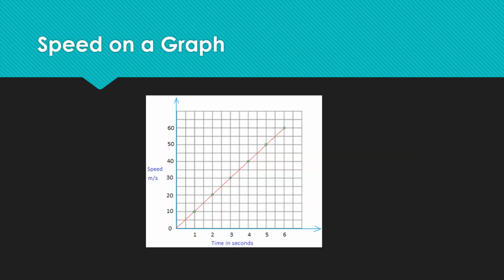One thing to look at here is we have some speed graphs and we have some time. So we're going to be doing some work where you see speed on the y-axis. You can see here we've got speed on the y-axis and we've got time on the x-axis. When we talk about acceleration, we're going to look at a couple of these graphs, but we're also going to look at some with distance and time.